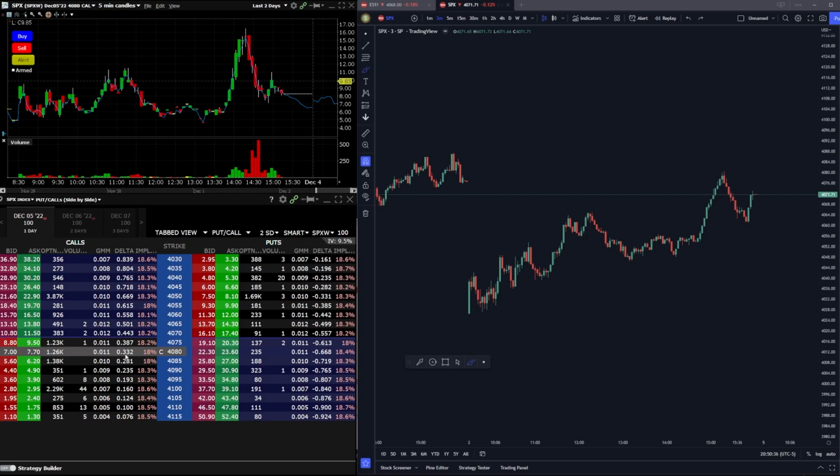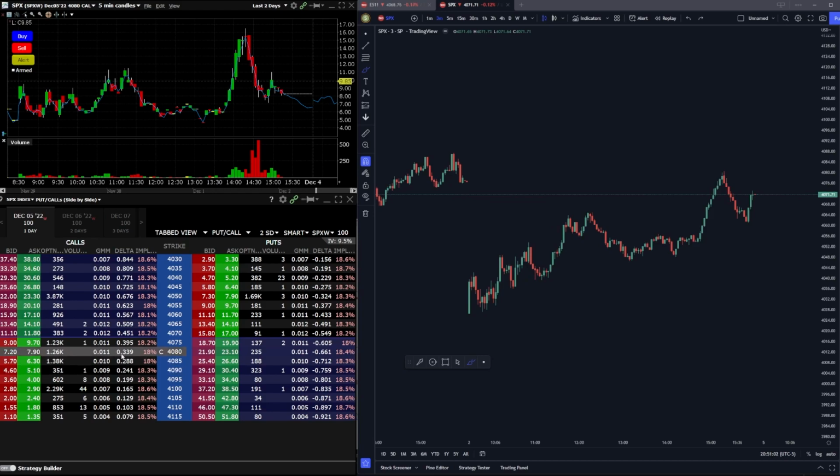If you choose a 4080 call and the price of SPX is at 4070, well, until you get into the money, meaning the SPX would have to cross 4080, right? Go to 4081 or 4090, whatever. That delta is only giving you 0.33 premium per dollar movement up and down.